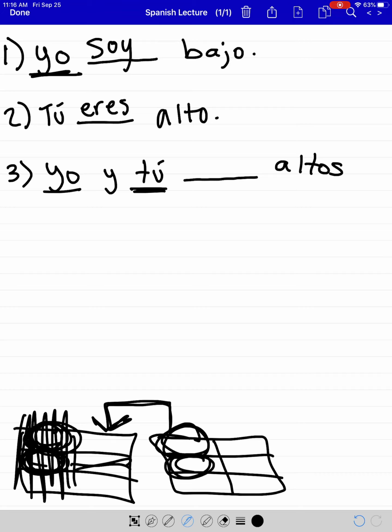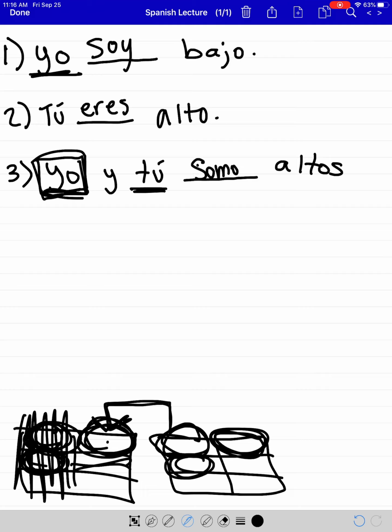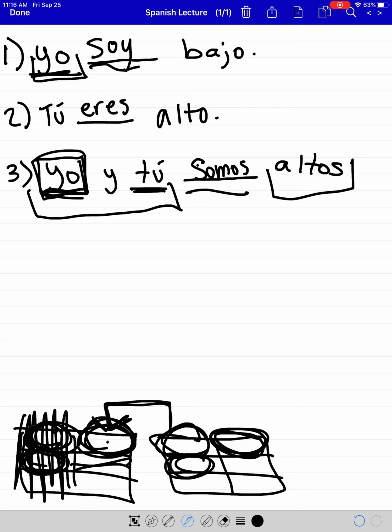I told you that if you are included in the group, so if it says yo in the group of people, you got to use this box right here. So the 50-50 shot, and then you look for the word yo, you know that we're using this top right-hand box. We're going to use this top right-hand box with it. So yo y tú means I and you: somos altos. We are tall. I am short. You are tall.